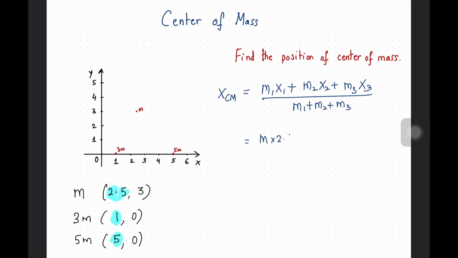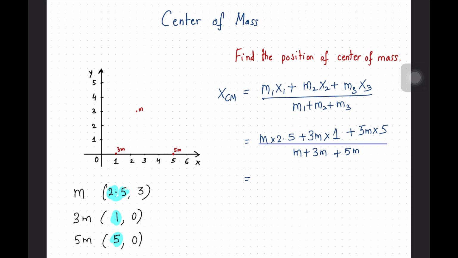So m multiplied by 2.5 plus 3m multiplied by 1. You can just switch it the other way, it doesn't matter. So we'll first write the mass and then the coordinates. So 3m multiplied by 1 plus 5m multiplied by 5 over m plus 3m plus 5m.